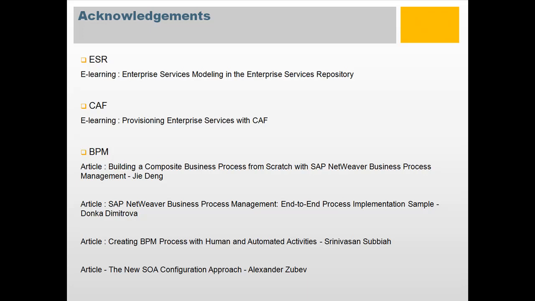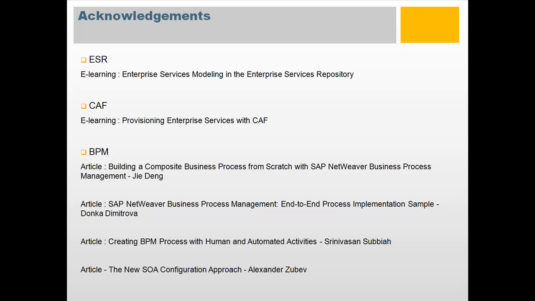Now for the BPM part, I based myself on several articles. For example, the article series written by G. Deng called Building a Composite Business Process from Scratch with SAP Netweaver Business Process Management. If you first start out, I recommend you have a look at the article by Donka Dimitrova called SAP Netweaver Business Process Management End-to-End Process Implementation Sample.